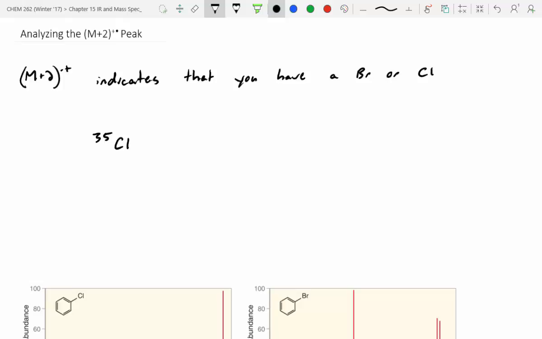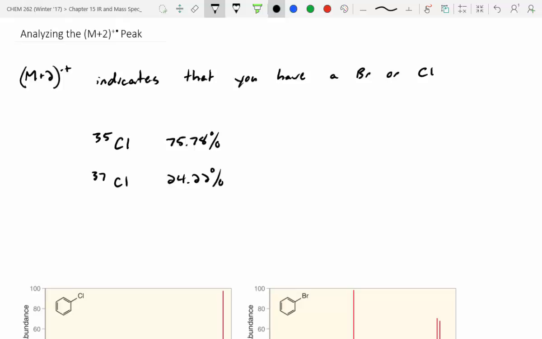Chlorine 35 is the major isotope. This is abundant around 75% of the time. And then chlorine 37 is present around 24% of the time. There really is almost no chlorine 36 present naturally. So you don't see a mass plus 1 peak for chlorine, but you do see a mass plus 2 peak.